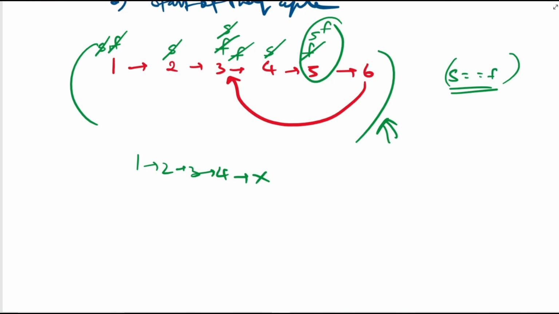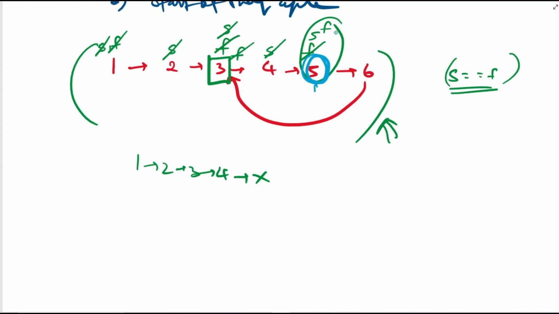Once we get the meeting point, we are going to find the starting point of the loop. How do we do that? The algorithm states that wherever you have stopped, you keep one pointer there.